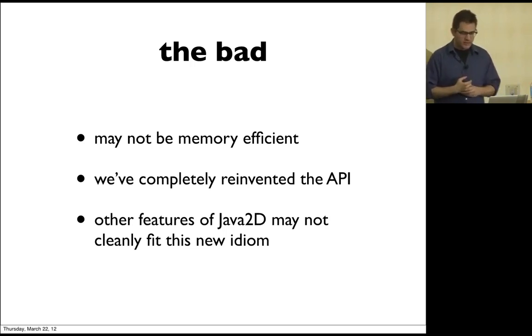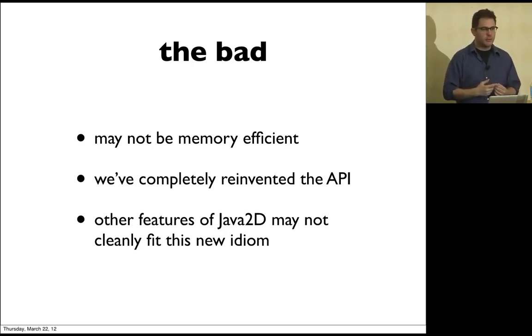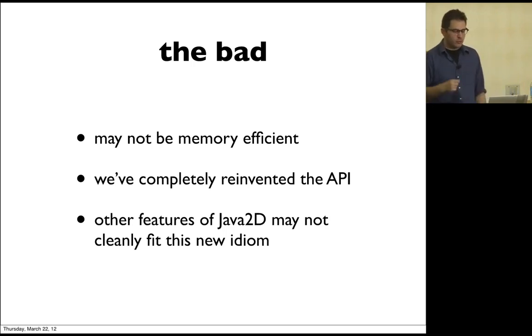The other issue is that this no longer resembles Java 2D. I mean, you still have some of the same objects underneath the covers, but you're going to have to write documentation now. And it's going to have to be good, and your examples are going to have to be things that you think through. And furthermore, while we have something which works very well for drawing triangles, it's not clear that this is going to work well for text or for any of the other things that Java 2D can do.